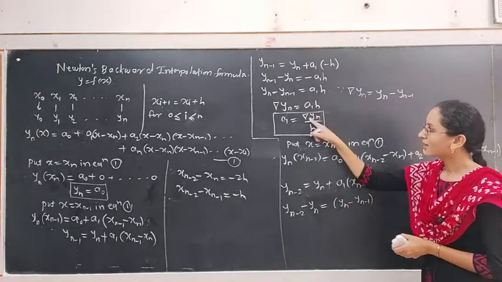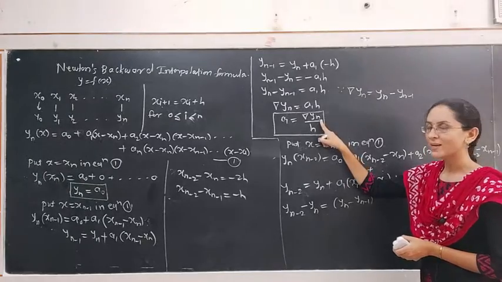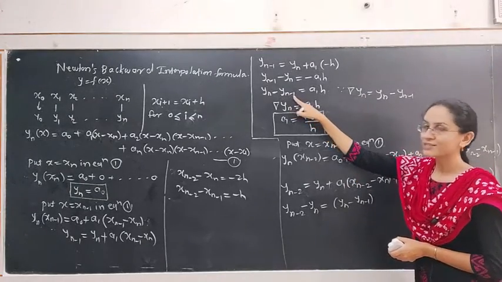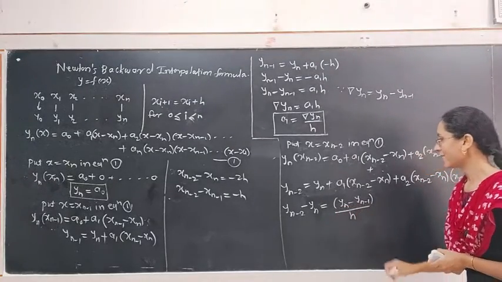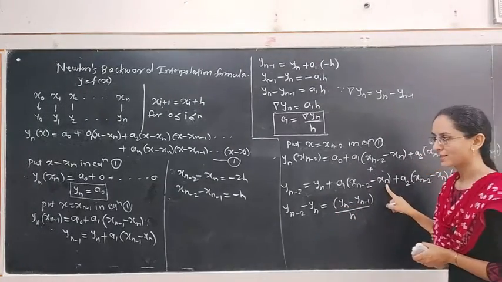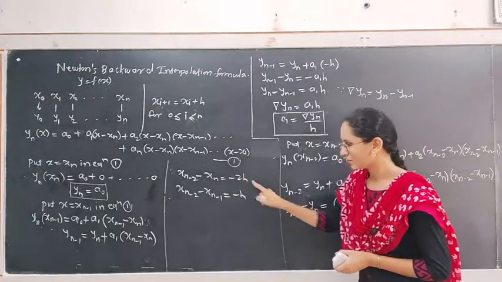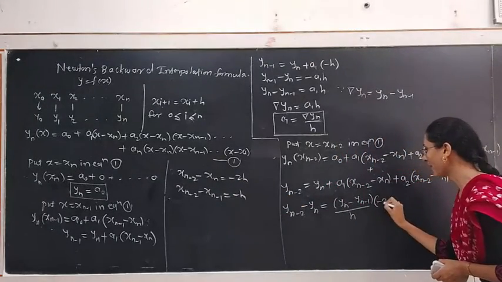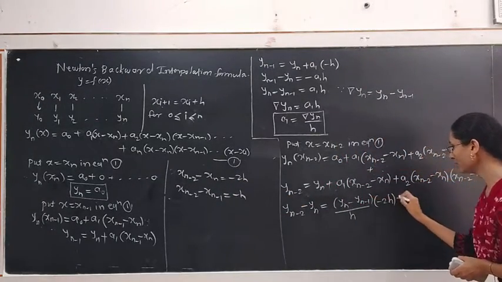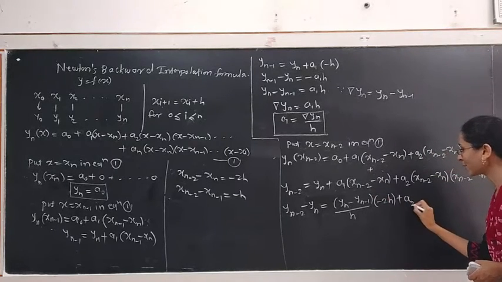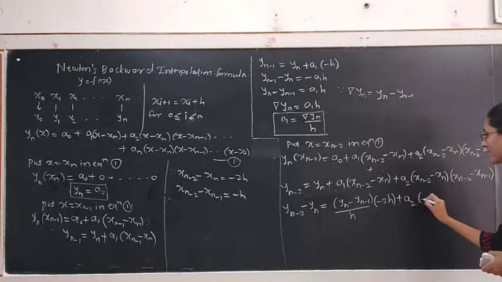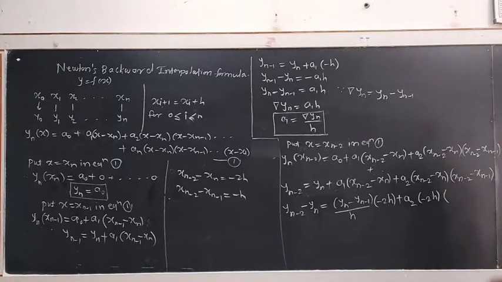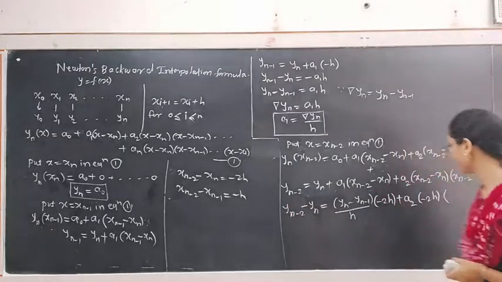Value of a1 is del y_n upon h. The difference x_{n-2} - x_n is minus 2h, into minus 2h, plus we calculate the value of a2 in the next step. x_{n-2} - x_n is minus 2h and x_{n-2} - x_{n-1} is minus h.